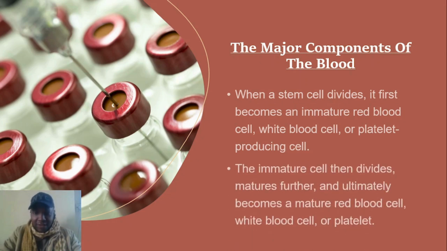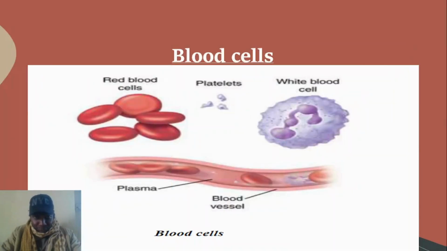The immature cell then divides, matures further, and ultimately becomes a mature red blood cell, white blood cell, or platelet.